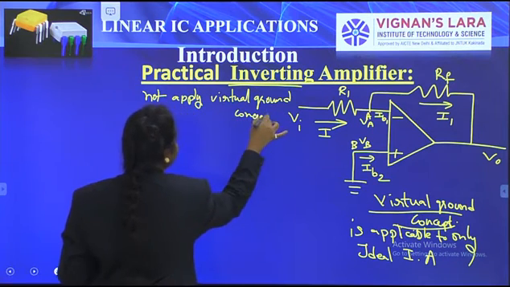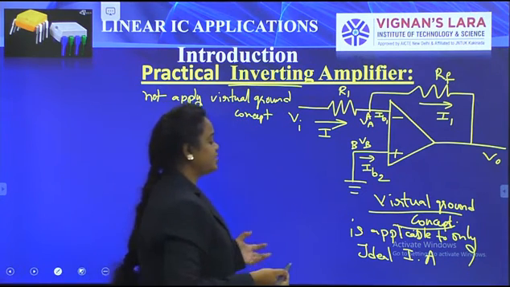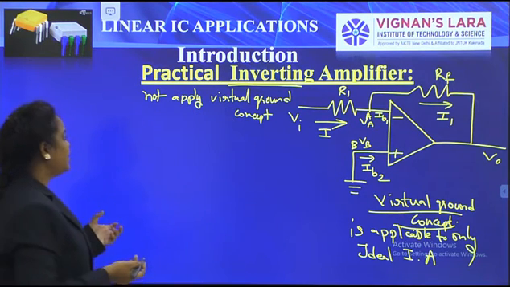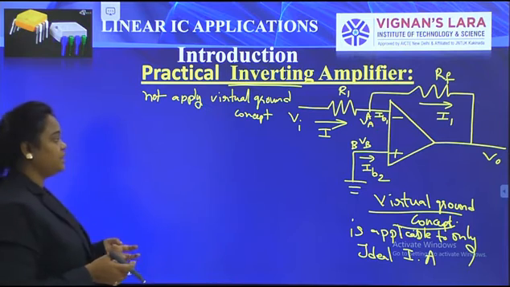Why? Because ideal means it is not real, it is imaginary, but the practical inverting amplifier is real. So the virtual ground concept is not applicable here.